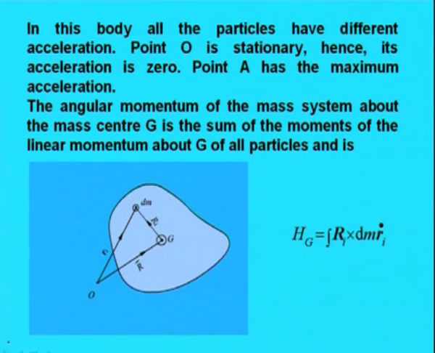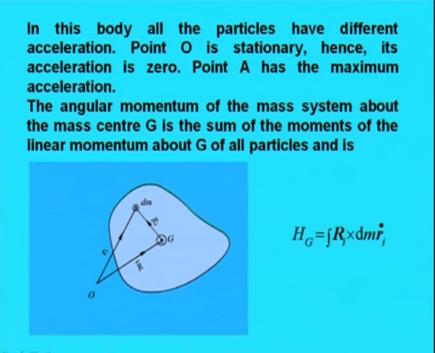Now, let us talk about the angular momentum. The angular momentum of the mass system about the mass center G is the sum of the moments of the linear momentum about G of all particles, and is given like this. Suppose you have a fixed point O here, and this is the mass center.